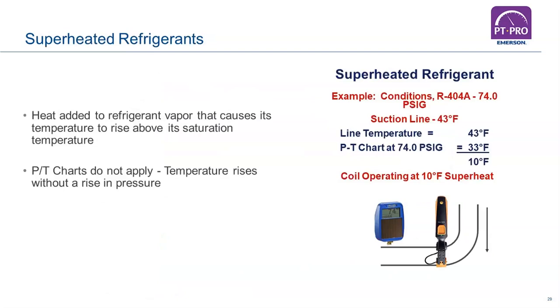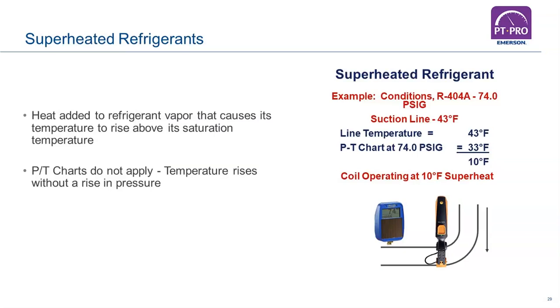Okay, so last but not least, we want to look at superheated refrigerant. Again, it's heat added to a vapor above its boiling point. All right, so we're going to be doing this in the suction line, obviously. And in this exercise, it's showing us that we've got 74 PSIG on our line. We're also saying that our line temperature is 43 degrees.